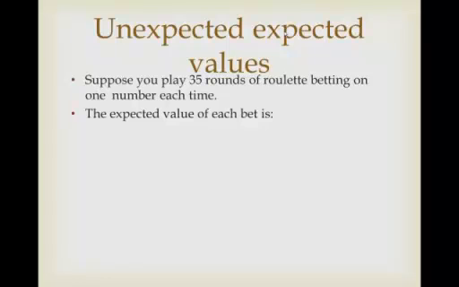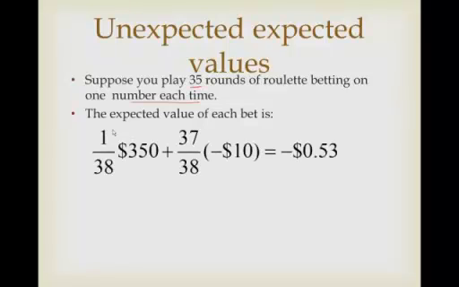Now, let's learn a little bit of unexpected information about expected values. Let's say that you played 35 rounds of roulette and you're betting on one number every time. The expected value in that particular situation is going to be, well, we already calculated that out. We can win 1 out of 38 and we can lose all the other 37 times. And let's say that we did that 35 times. Well, don't you expect that we would take that value and multiply it by 35, and that would sort of be like our expected outcome there?